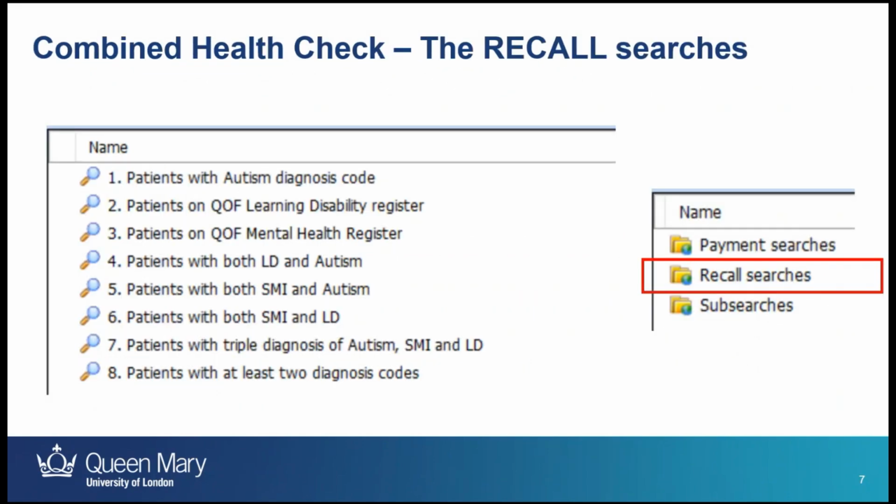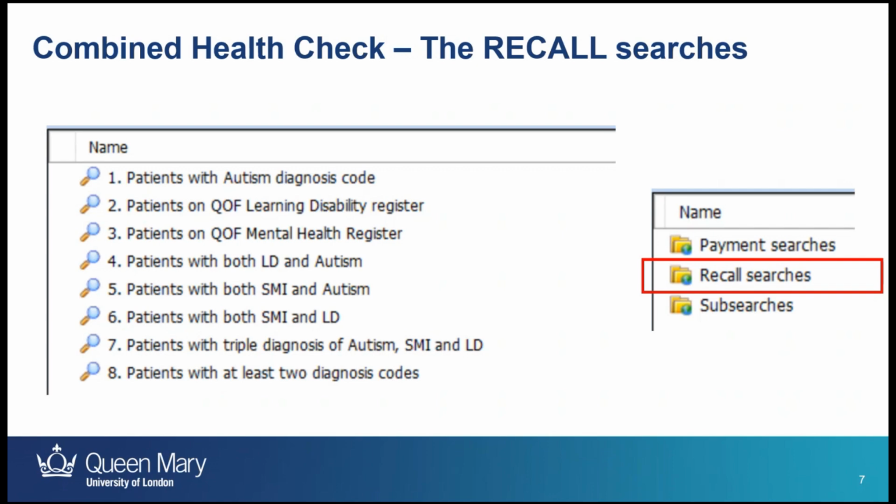With the combined health check, it's fairly straightforward. I will do a live demo, but before we go on to that, I want to first show you that we've got the recall searches. As I said earlier, it's for patients with autism, patients on your QOF learning disability register and mental health register. There are 8 searches to allow you the flexibility to choose which ones you want to get your patients from. So you've got your patients with just an autism diagnosis. Then number 2, patients on your learning disability register.